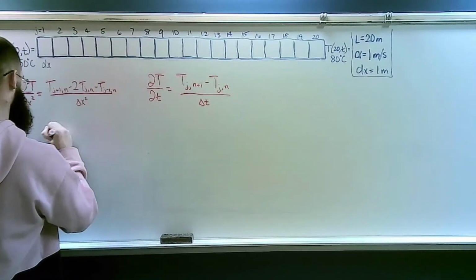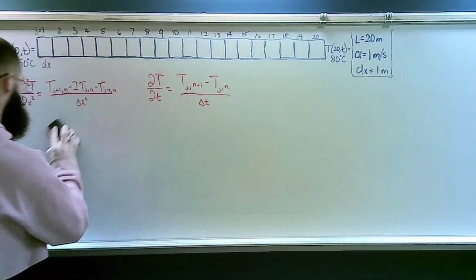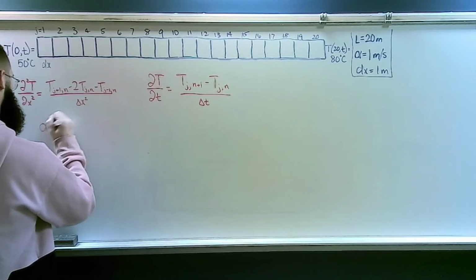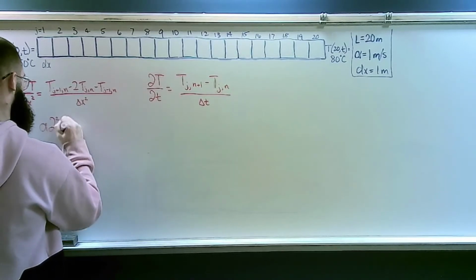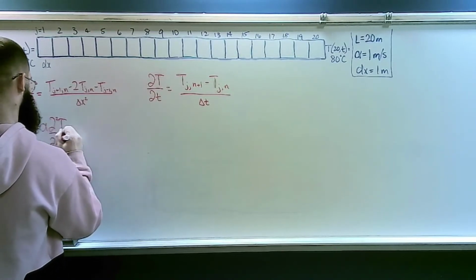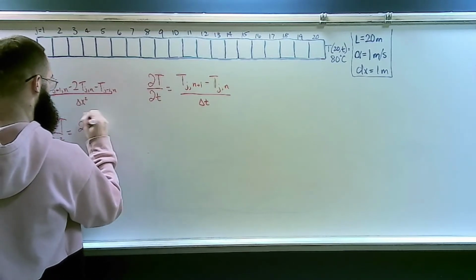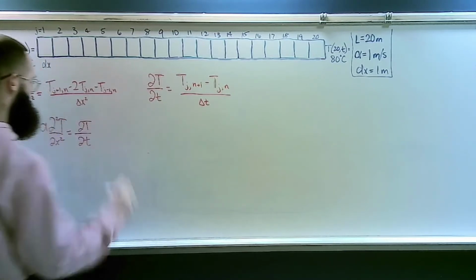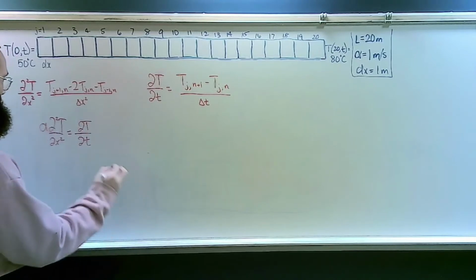Now that we have both of these expressions, we can plug them into the heat diffusion equation, which I will rewrite: alpha times the second derivative of temperature as it relates to position, equal to the partial derivative of temperature as it relates to time. All we have to do is plug these in.